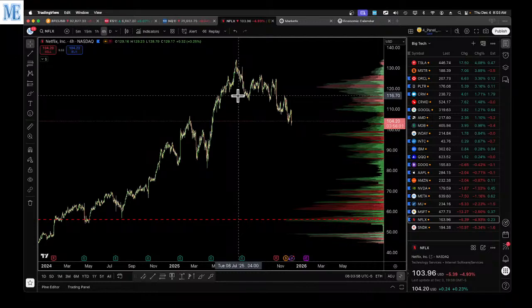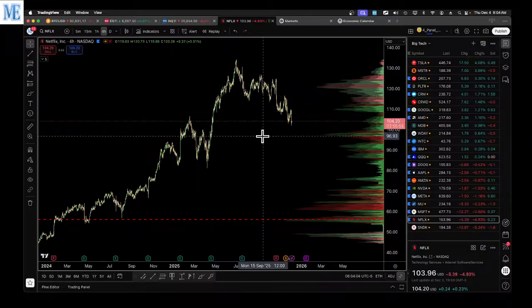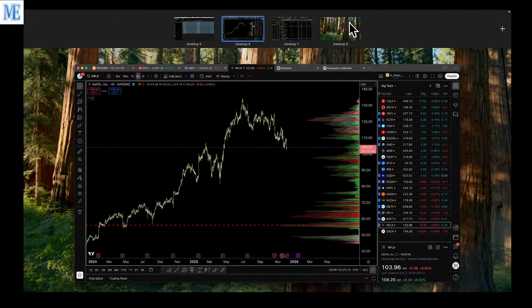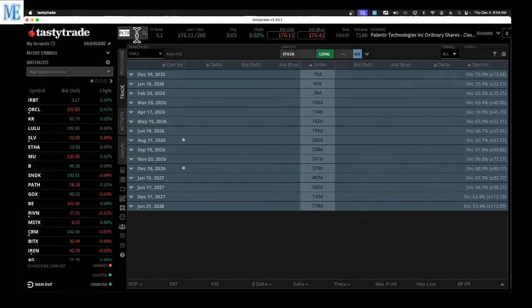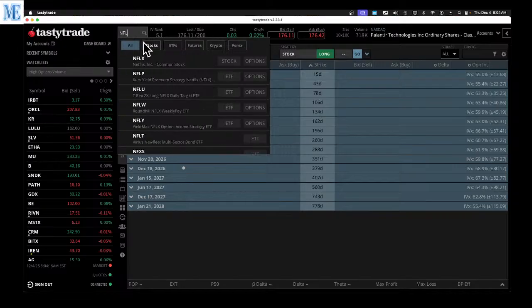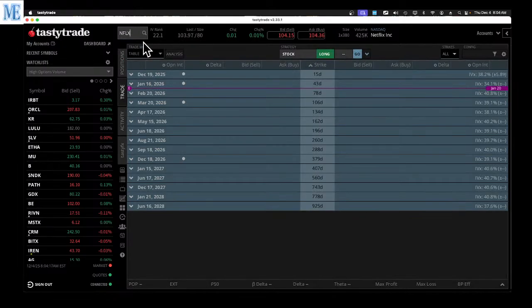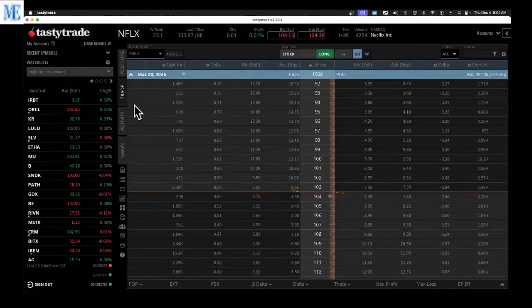This chart looks pretty bad, and it does look like it is in a pretty decent reversal. Since I already have some stuff in Netflix, I was looking to possibly hedge my positions here and possibly take on a quick short.